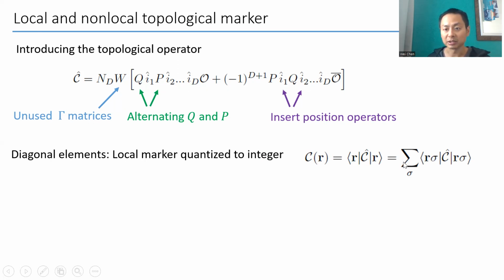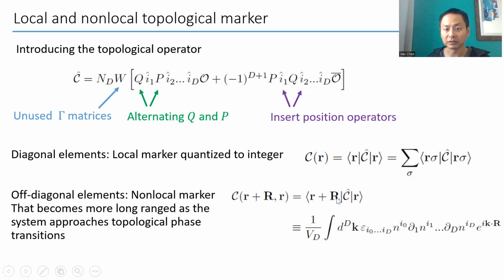And the diagonal elements of this is precisely the topological marker that we want. And moreover, the off-diagonal elements of this matrix, as you can show very easily, right, are equivalent to not the winding number, but the Fourier transform of the integrand of the winding number. As you can recognize, this is precisely a winding number, and you Fourier transform it.